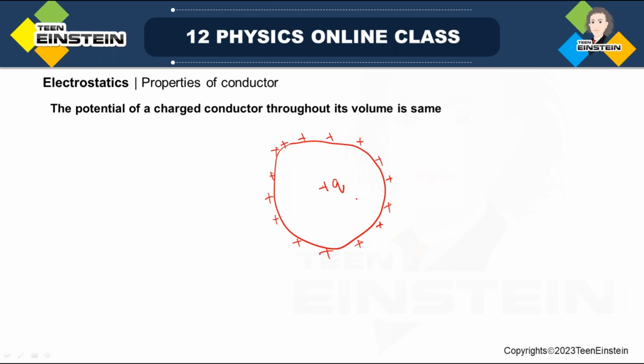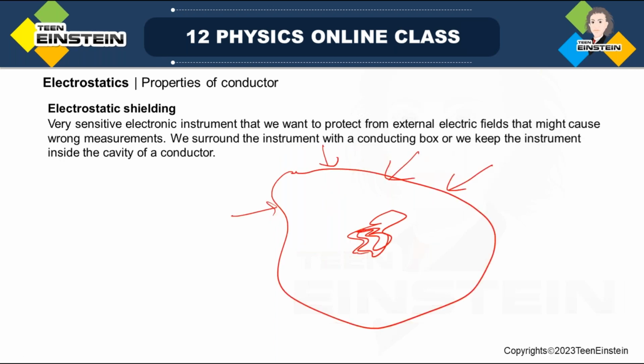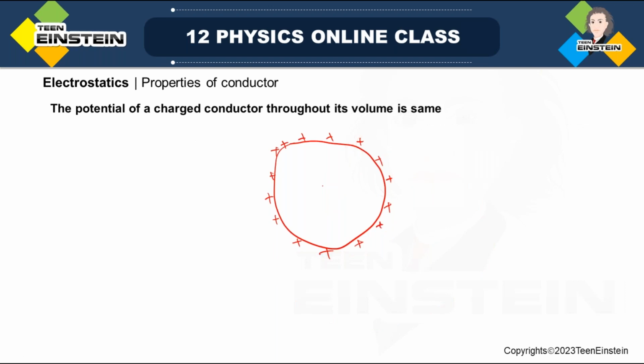So then what happens? Inside the conductor there will be no charges, or in other words, there will be no electric field inside the conductor. Under static conditions, the electric field will be zero inside the conductor.